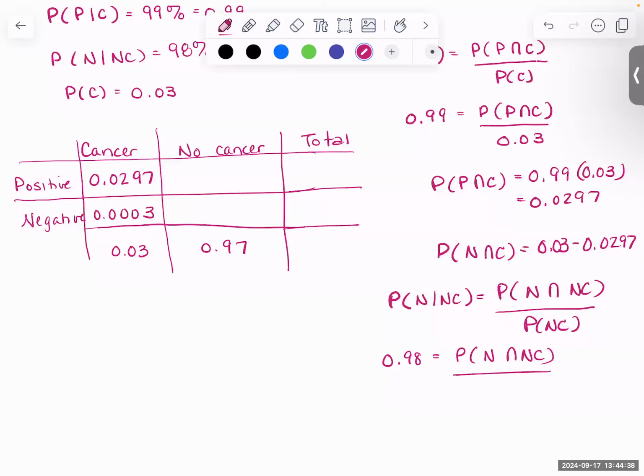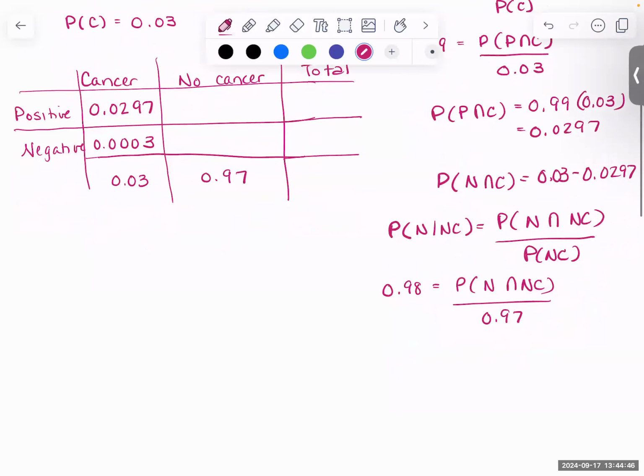Well, if there's a 3% probability that I do, there's a 97% probability, 0.97, that I don't. So the probability that I test negative and I don't have cancer is going to be the 0.98 times the 0.97. And my calculator says that is 0.9506.